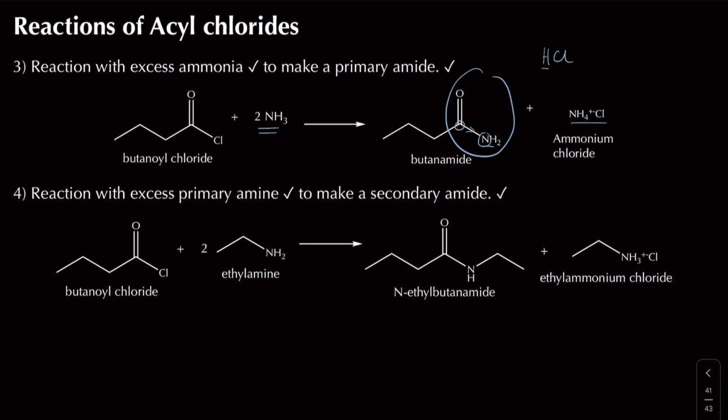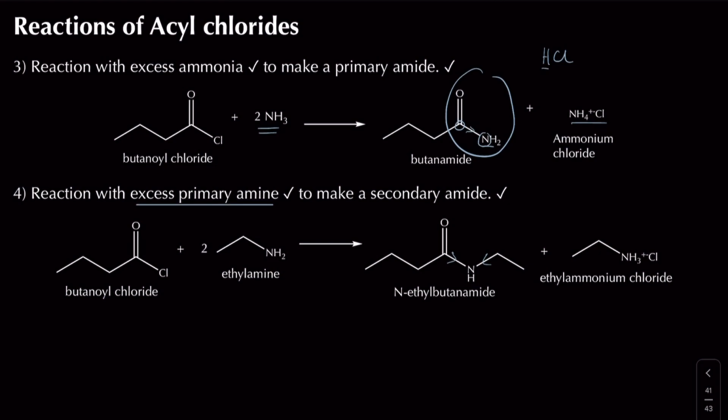If we were to look at the fourth reaction, we've got the reaction with a primary amine, and what we can actually make is a secondary amide in this case. Notice how it's different to the primary amide. A secondary amide has two carbon atoms attached to the nitrogen atom as well. But in this case, what we would do is we would react our acyl chloride with excess primary amine.